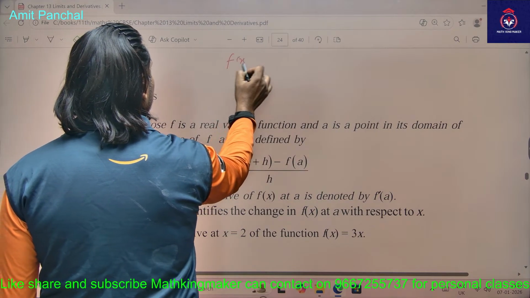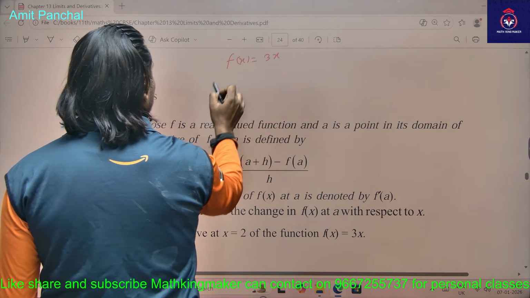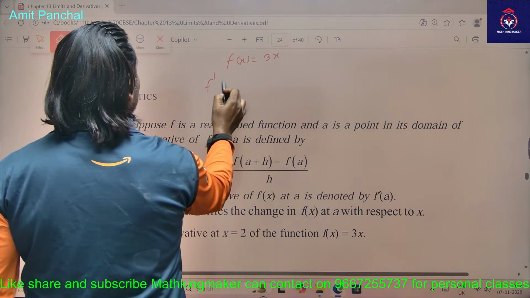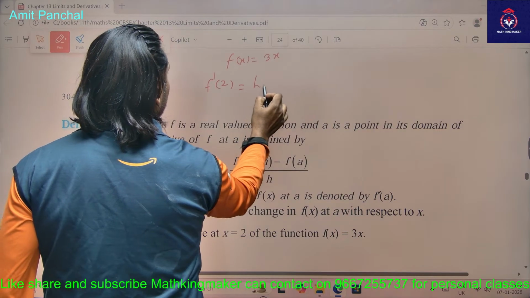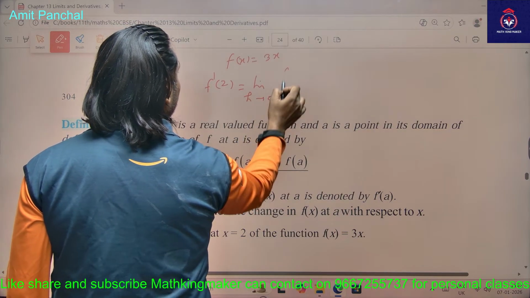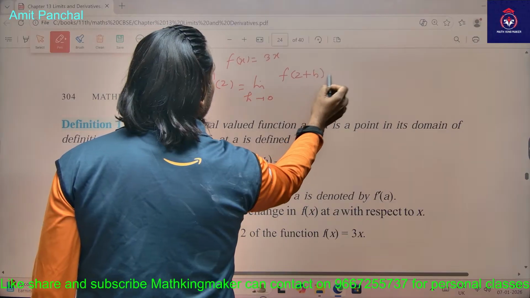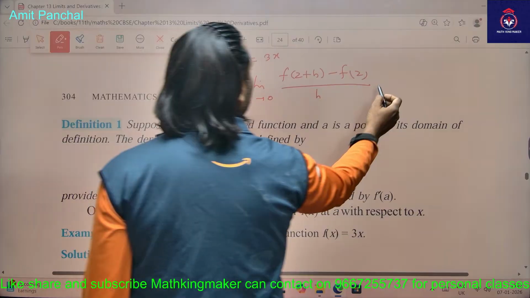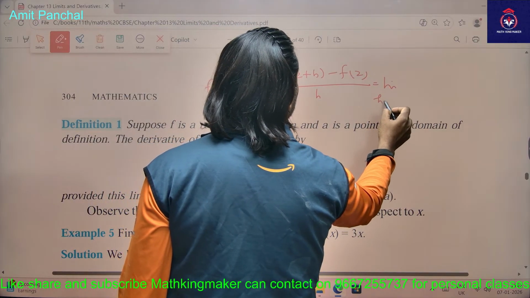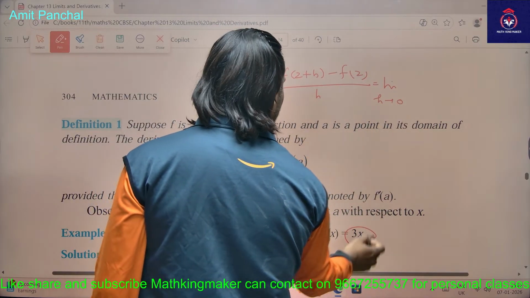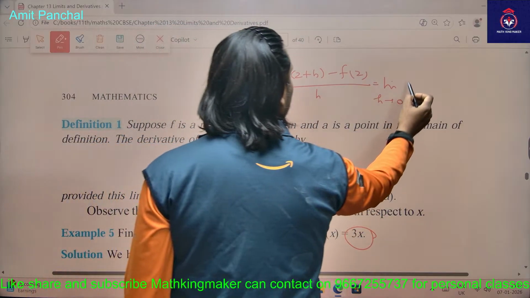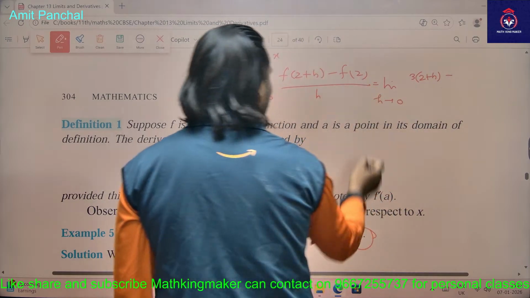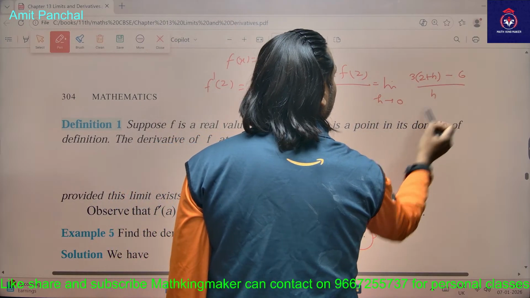Just apply that formula. Your f(x) is 3x. So if you want to find f dash 2, f dash 2 is limit h tending to 0, f(2 plus h) minus f(2) divided by h. At place of x, I got 6 plus 3h. f(2 plus h) minus f(2) will be 6, divided by h.